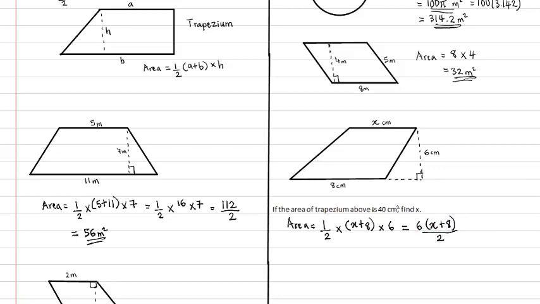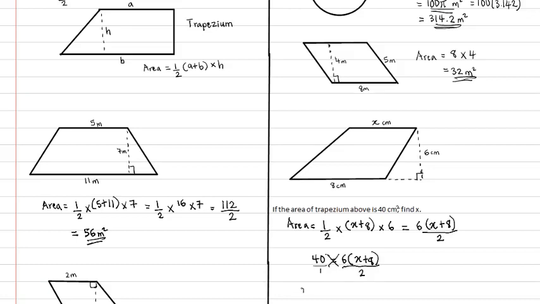And the problem said that the area of the trapezium is 40. So the area is 40 is equal to 6 brackets x plus 8, over 2. Okay, so imagine now if we are to cross multiply. So this is 40, like 40 over 1.